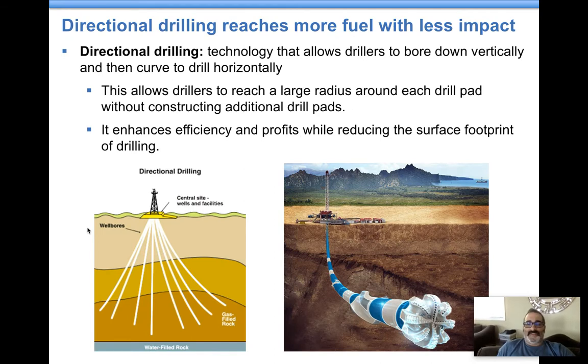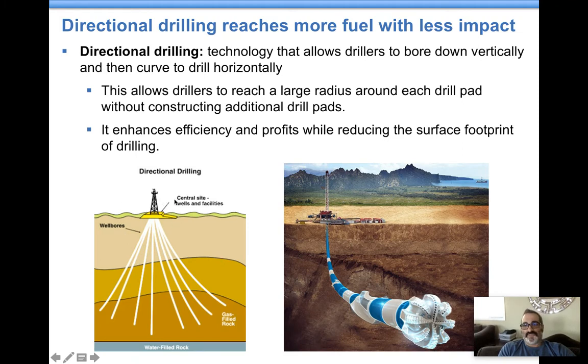Directional drilling, what is that? That is when you drill for a well and you don't go straight down, you start going sideways or horizontal. Why is it a good thing? Because you only have what's called a drill pad, and that one drill pad could lead into many different directions. You won't have drill pads everywhere trying to get into rock straight below.